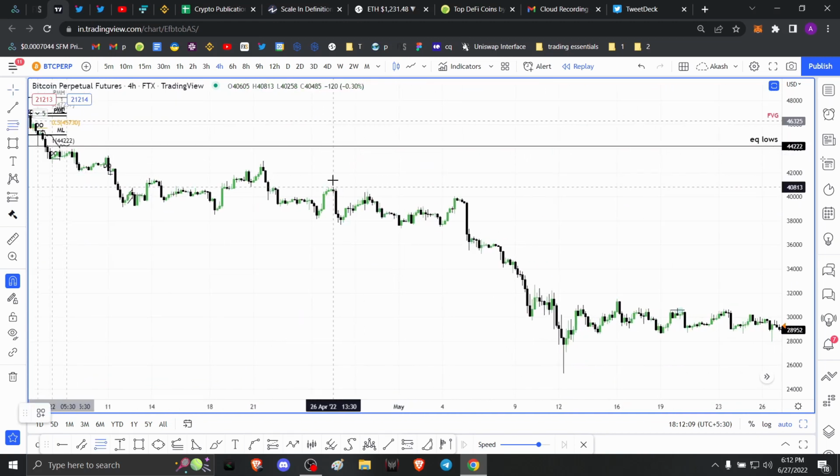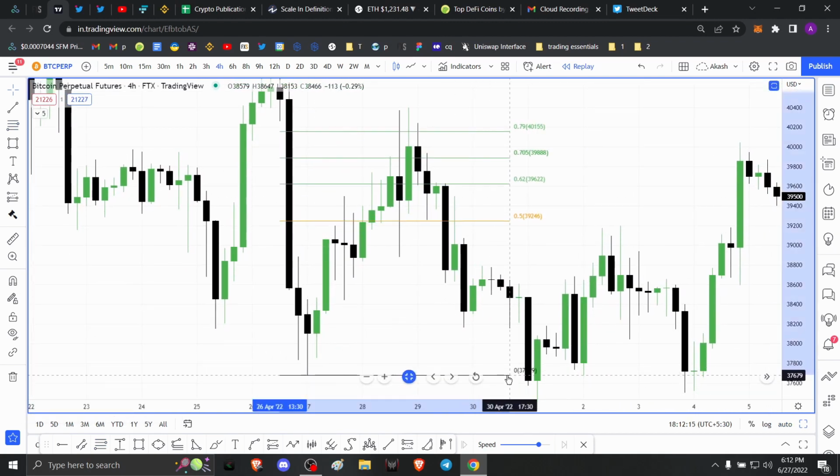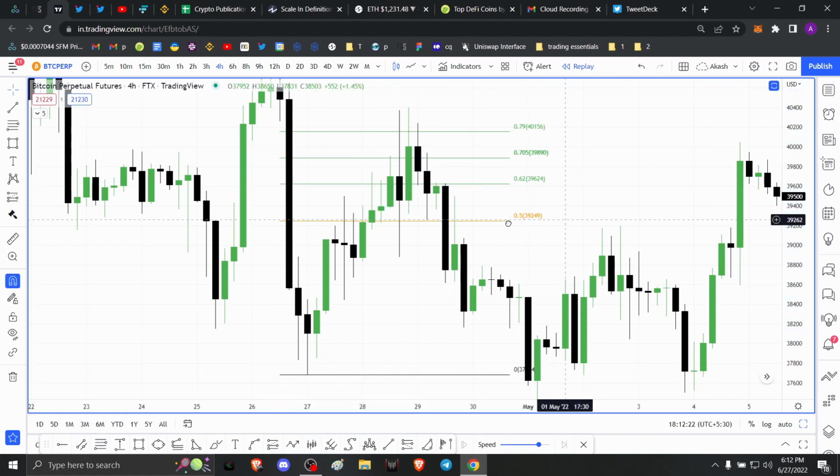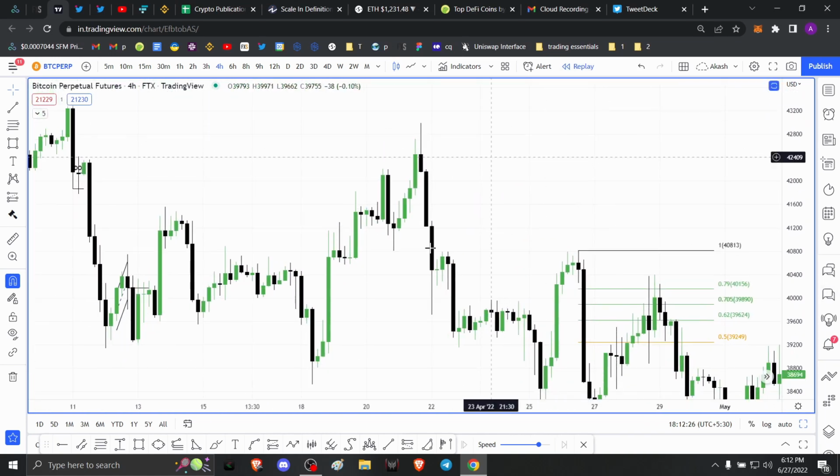Say you take a look at this particular downswing, the price goes down, right? You extend this, price comes back into the 70.5, you short here, you book profits around here, right? Again, let's take an example of this here.